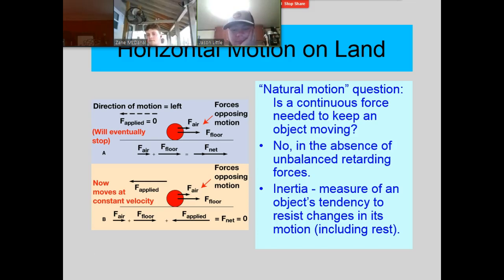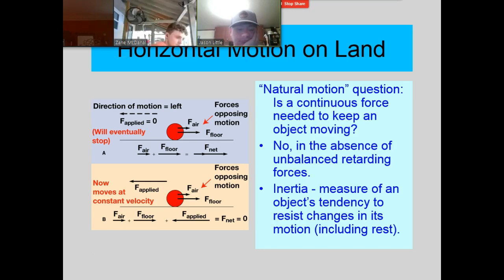An object at rest tends to stay at rest unless it's acted on by an unbalanced force, but an object that's moving tends to keep moving in the same direction, same speed, same everything, unless it's acted on by an unbalanced force. Inertia is that tendency. If I had a ping pong ball and I rolled it across the table here, more than likely it's going to slow down pretty fast because it's very susceptible to air resistance.